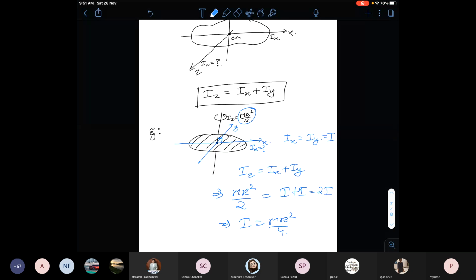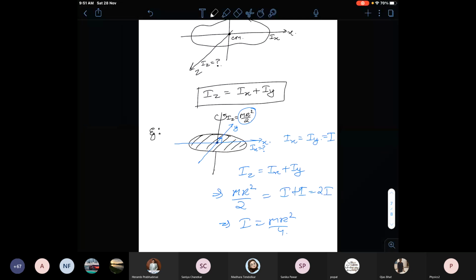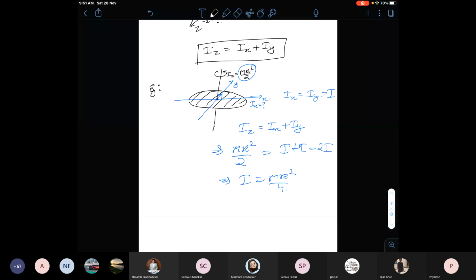I have not done any question on the theorem of parallel axis, so we will do that also first. I guess everybody has written this?